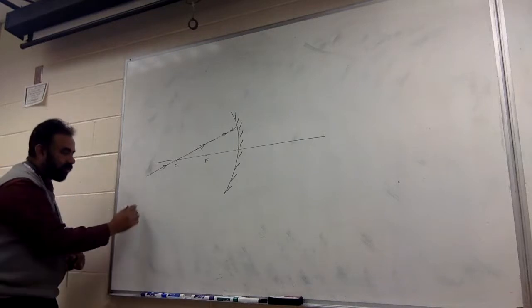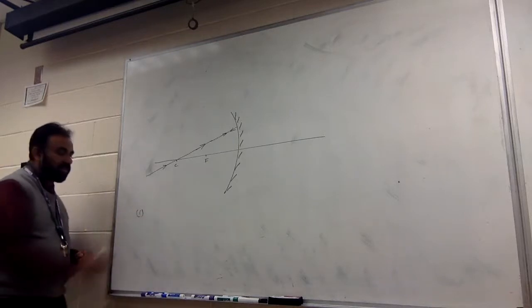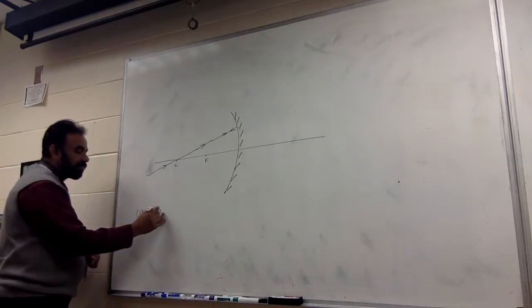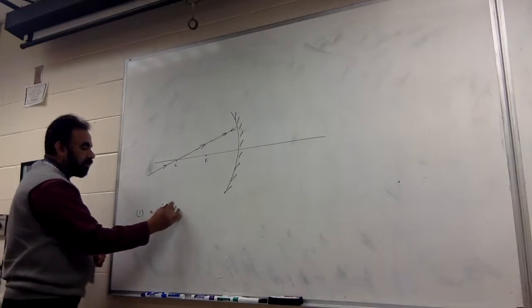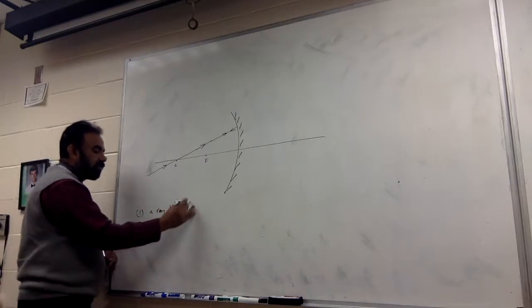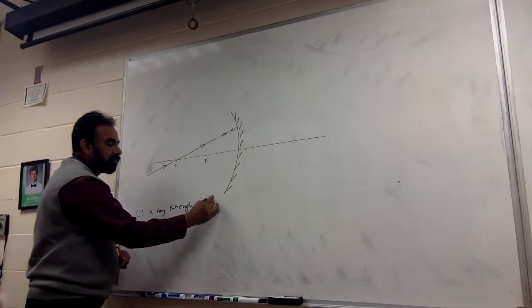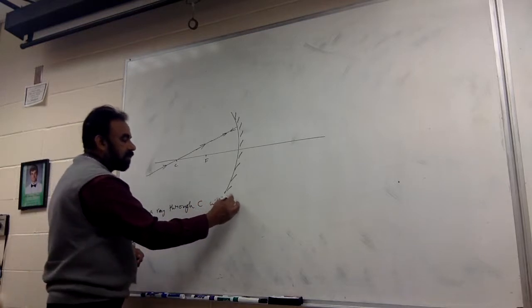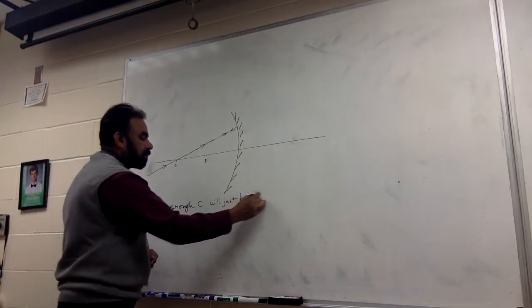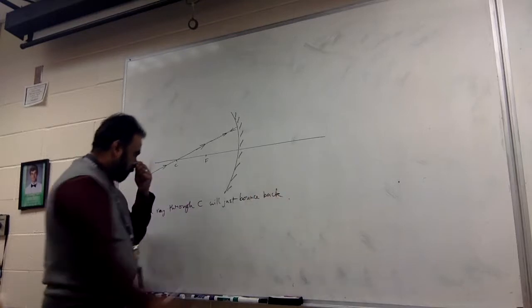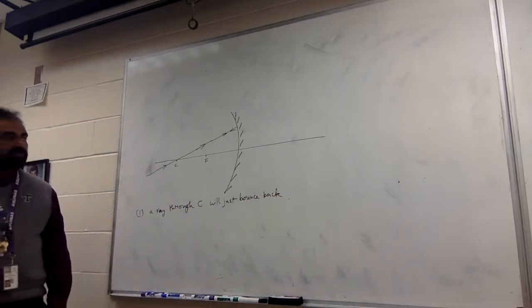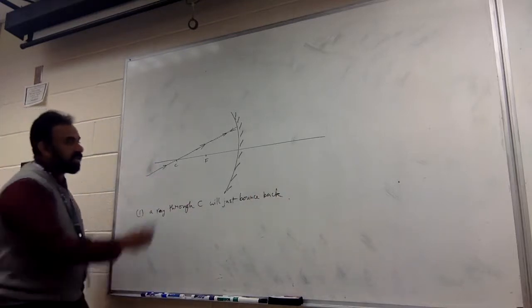That's one of them. So the first ray that you can draw is a ray through C, which will just bounce back. That's one possible ray.